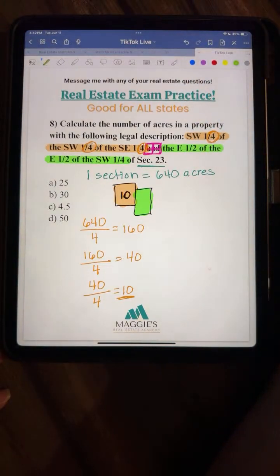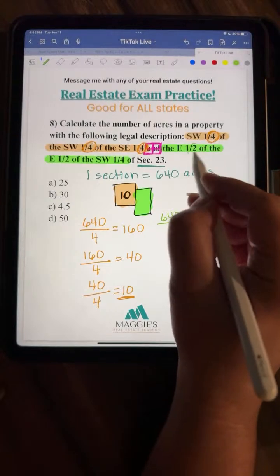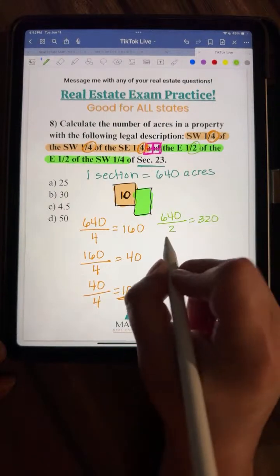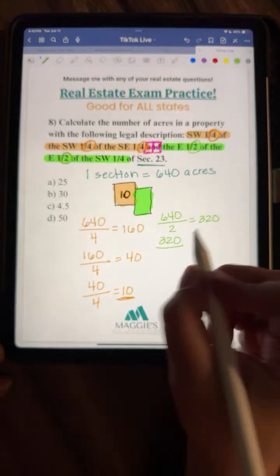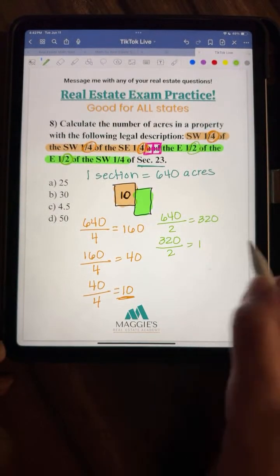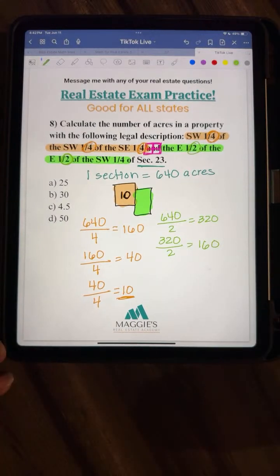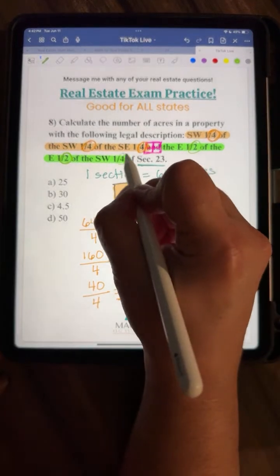Now let's do the green one. We take 640 and we divide by 2, and we get 320. Divide by this 2, and that equals 160, right? 320 divided by 2. Then we take 160 and divide it by 4.